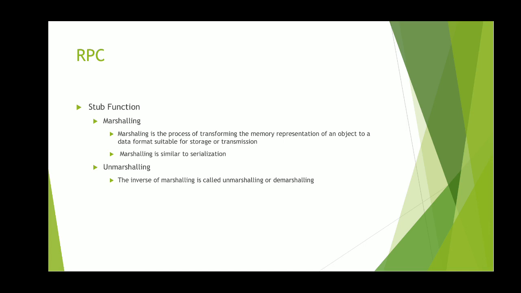So in the marshalling function, the stub will take care of this type of data type, and it will store or transmit it in a more suitable data format. And during the unmarshalling, this stored data type is converted into the original data type, and here the stub does the inverse of the marshalling, and so it is called unmarshalling or demarshalling.